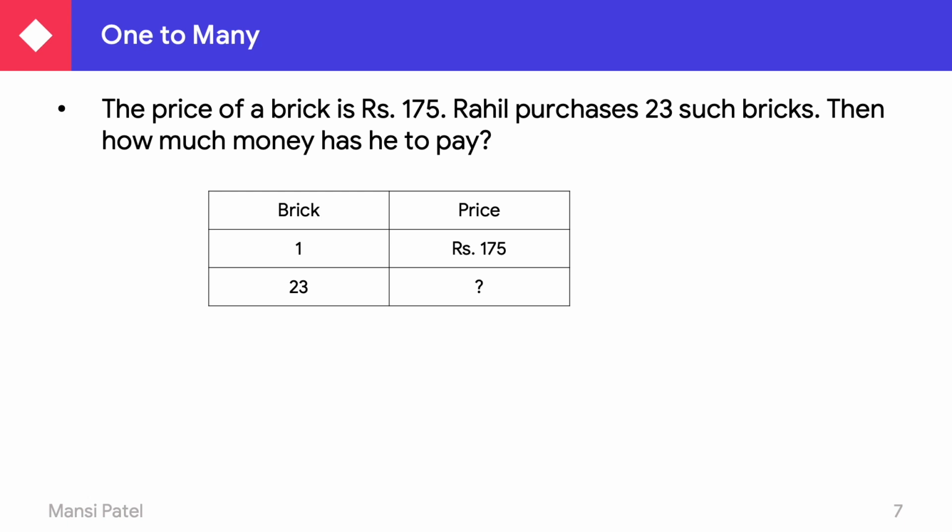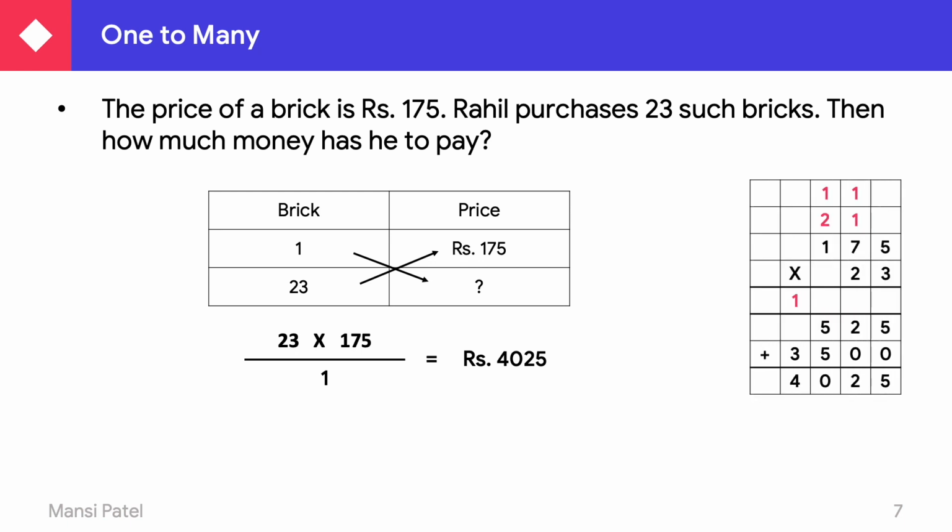The numbers which are written in the cross, you have to do the multiplication, and the number which is remaining, you have to write down in the division. So your answer is 23 multiplied by 175 divided by 1. If you don't know the multiplication of 23 and 175, then you do that multiplication like this in the rough work.